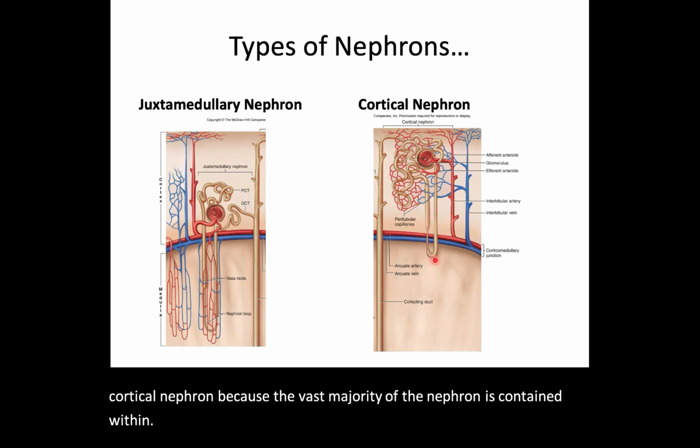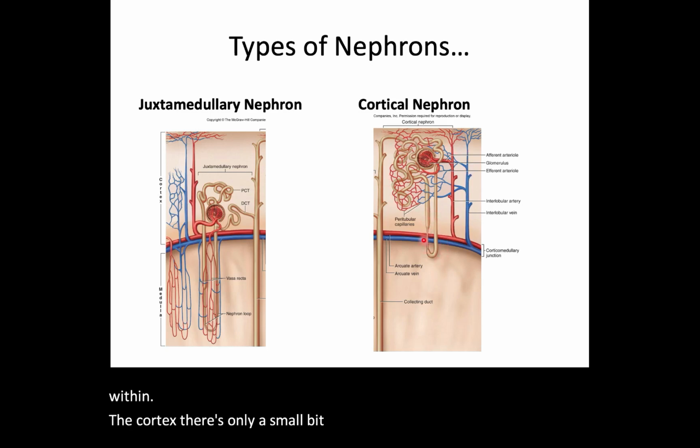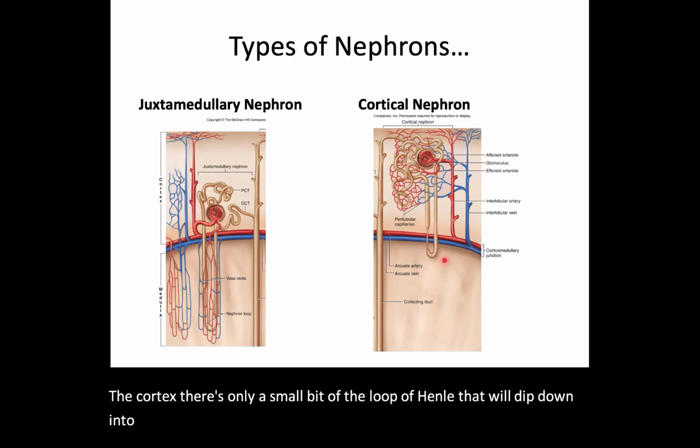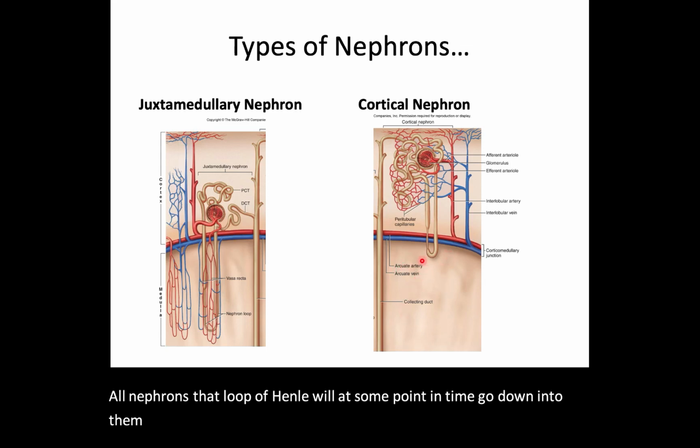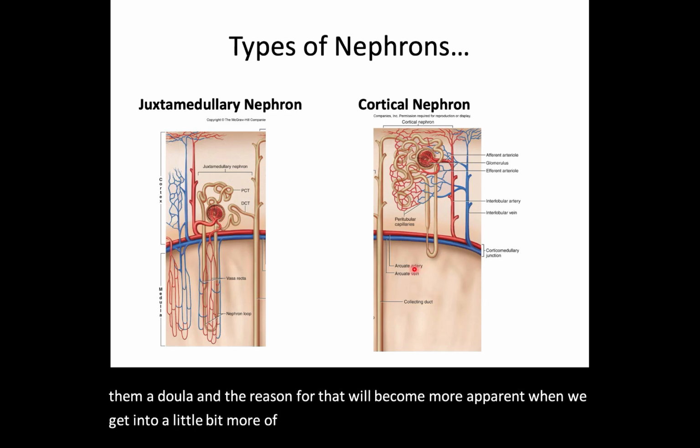There's only a small bit of the loop of Henle that will dip down into the medulla. Doesn't matter the nephron, all nephrons, that loop of Henle will at some point go down into the medulla. And the reason for that will become more apparent when we get into the homeostatic mechanisms of the renal system.